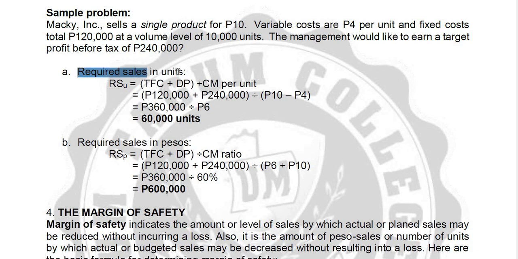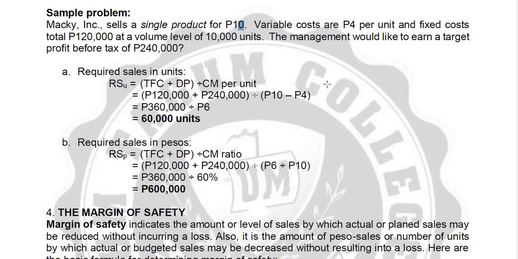So, if you want to know the required sales in units to be able to earn a profit before tax of 240,000, then this is the formula. So, you have your fixed cost, 120,000 as given. This is your desired profit. Then, you divide it by the contribution margin per unit, which is 6 pesos. So, that's 10 pesos minus 4.